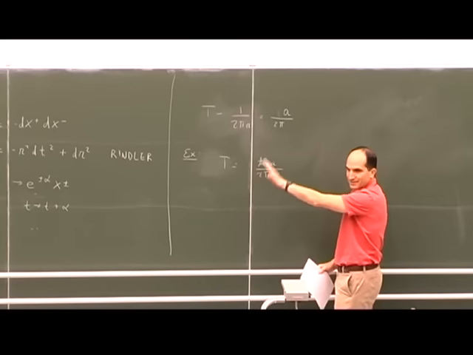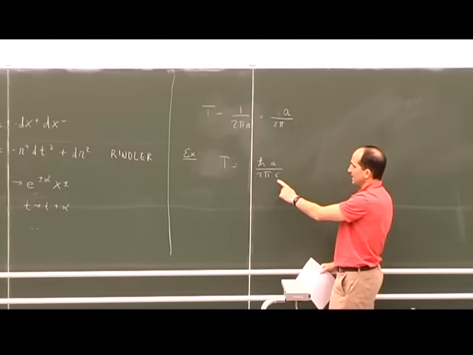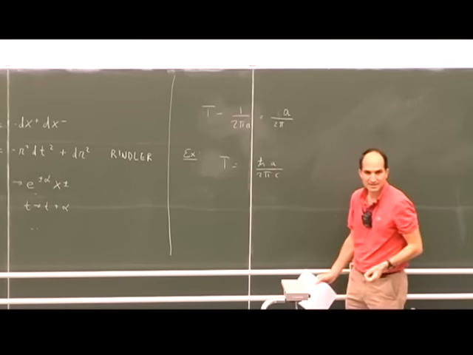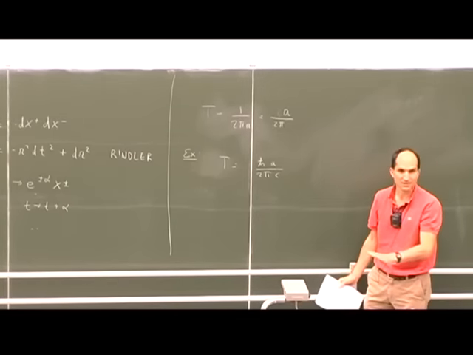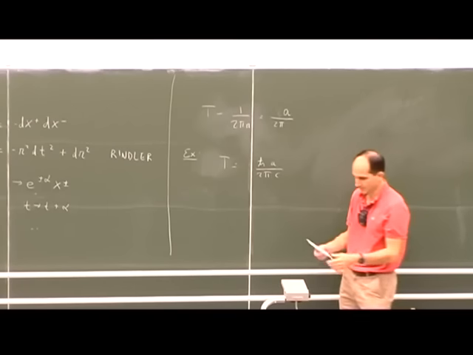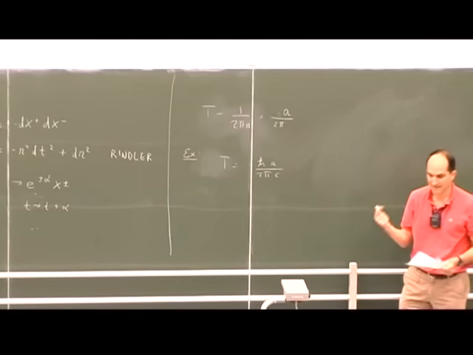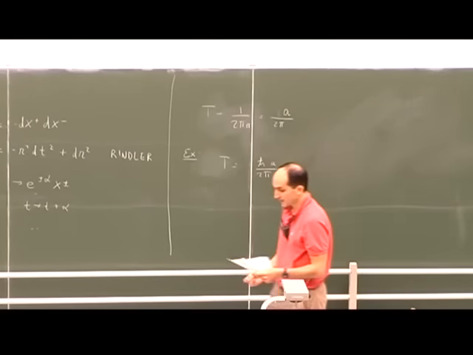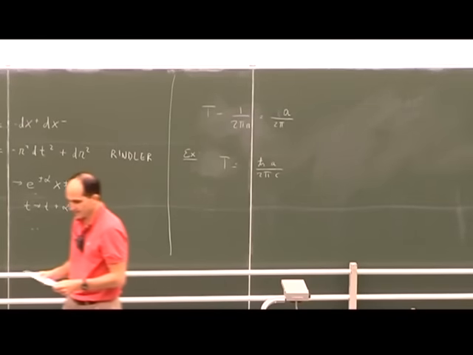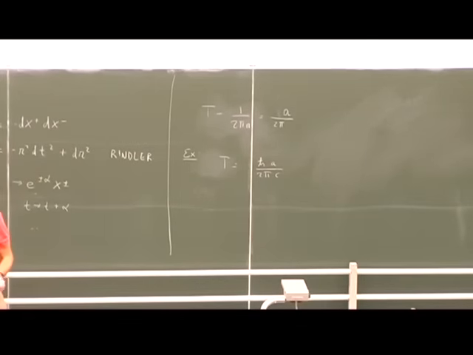When h bar goes to 0, this effect disappears. And another important property is that it is a relativistic effect. So if you send the speed of light to infinity, it also disappears. So this is an effect that puts together quantum mechanics and special relativity. And in fact, it's a very generic feature of relativistic field theory.